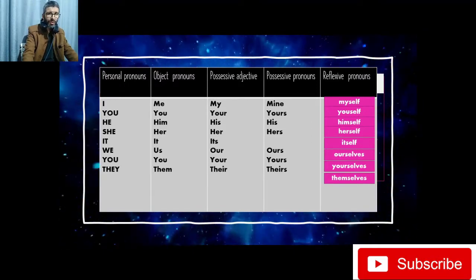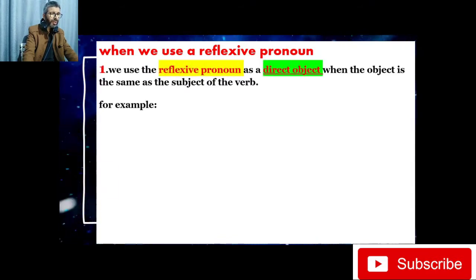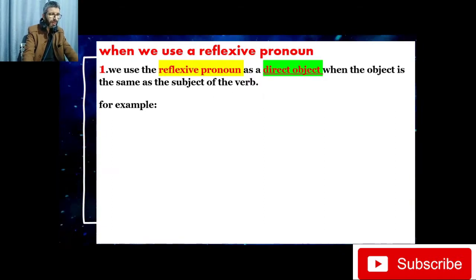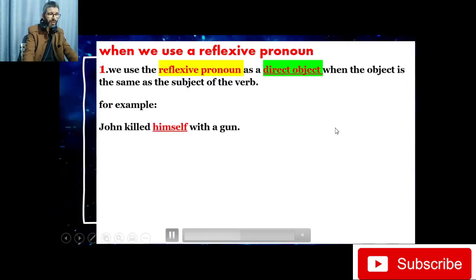when do we use the reflexive pronoun? Number one, we use the reflexive pronoun as a direct object when the object is the same as the subject of the verb. For example, John killed himself with a gun.